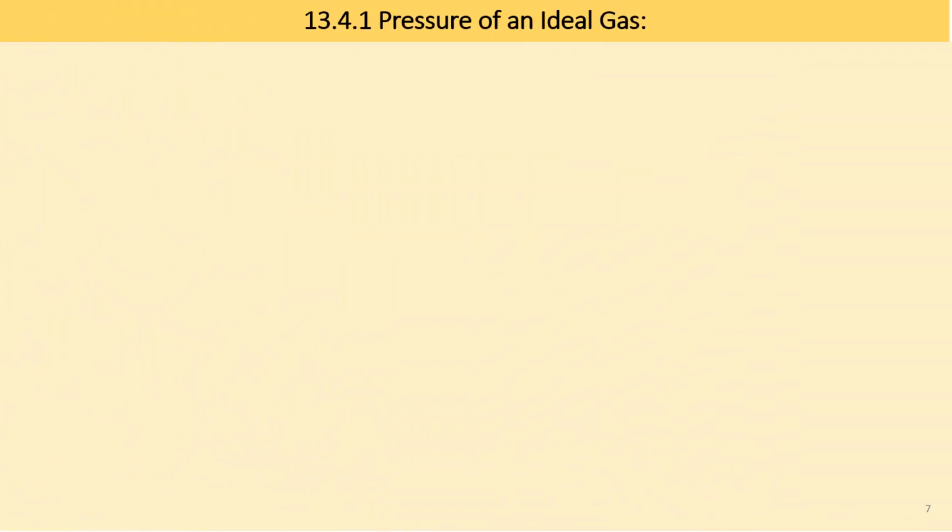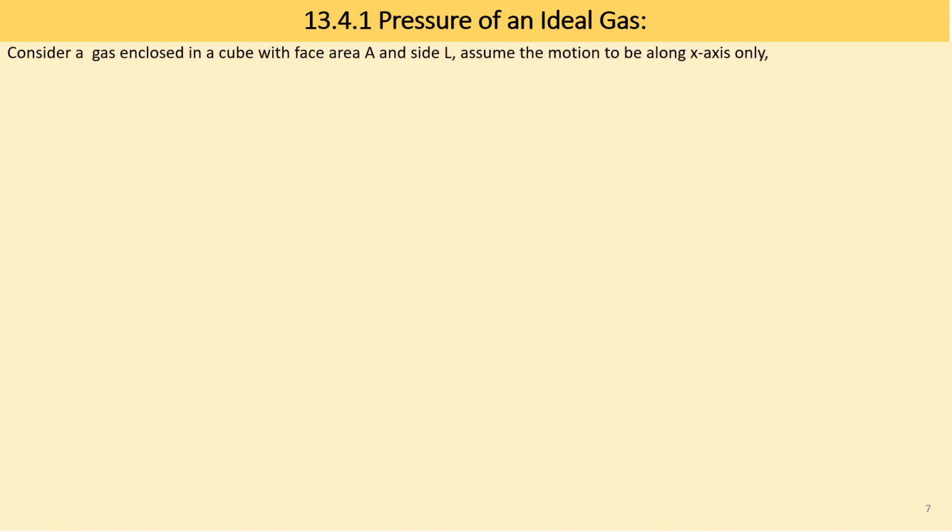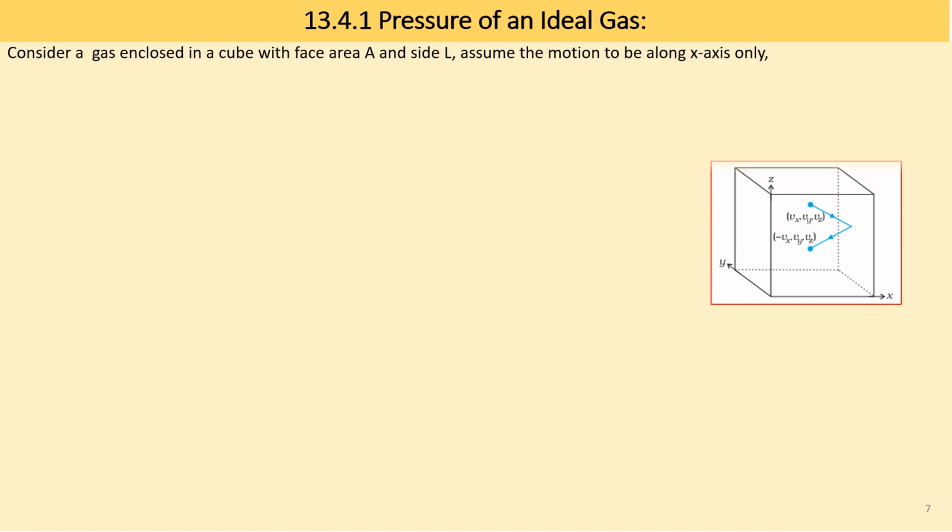Now, derivation of an expression for pressure exerted by an ideal gas. Consider a gas enclosed in a cube with face area capital A and side of length capital L. Assume the motion to be along the x-axis. Please refer to the figure shown on the screen. Here x, y and z are three mutually perpendicular axes.